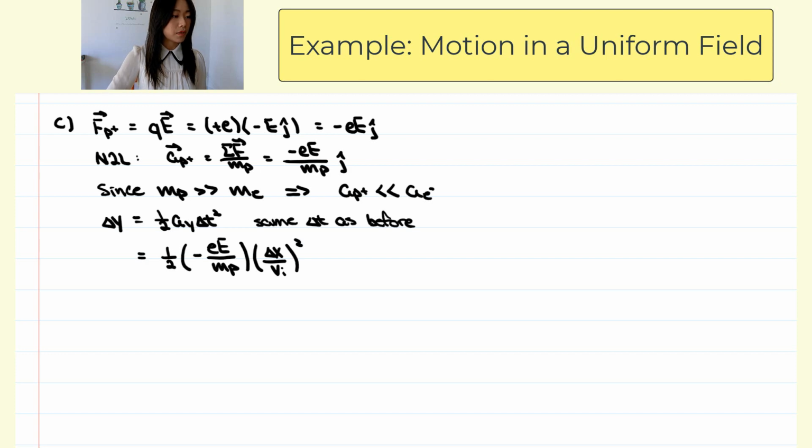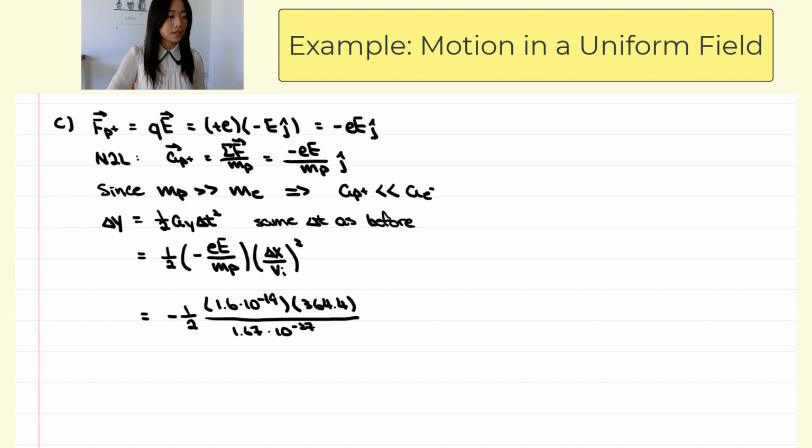We substitute the numbers. We get negative half times e, which is 1.6 times 10 to the power of negative 19, and the magnitude of the electric field is 364.4, divided by the mass of the proton, which is 1.67 times 10 to the power of negative 27.